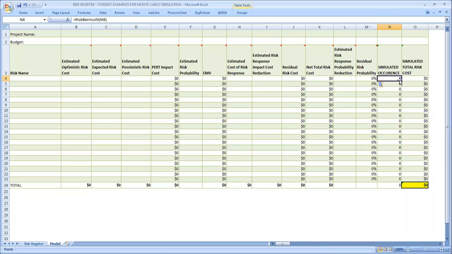The Bernoulli distribution is based off the probability. The probability is based off of the residual risk probability. So you will see that it is linked with the residual risk probability, in other words, the risk that remains after we implement a risk response. And from there, the Bernoulli distribution is calculated. These also appear to be deterministic.